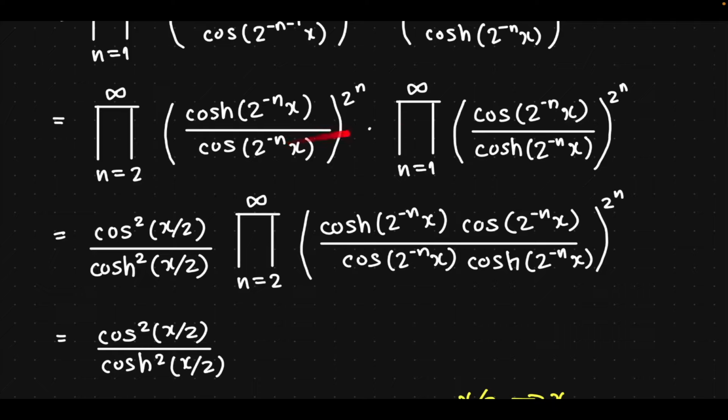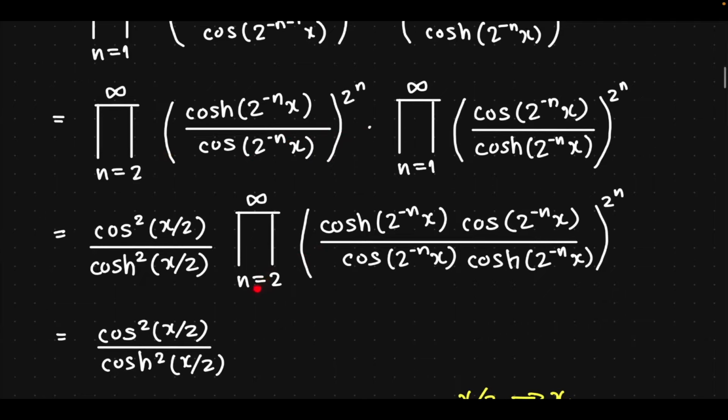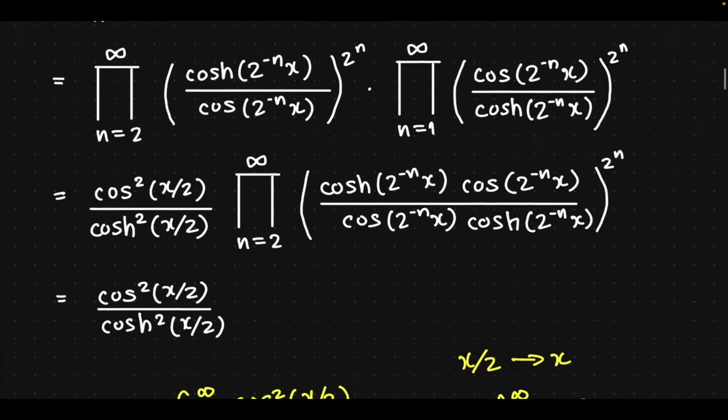We can combine both products under a common product symbol. So product from n equals 2 to infinity of cosh of 2 to the minus n times x times cosine of 2 to the minus n times x divided by cosine of 2 to the minus n times x times cosh of 2 to the minus n times x, quantity raised to the 2 to the n.